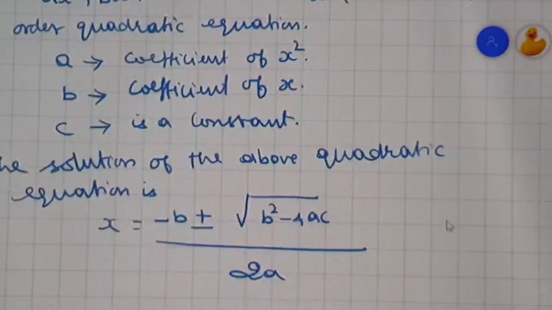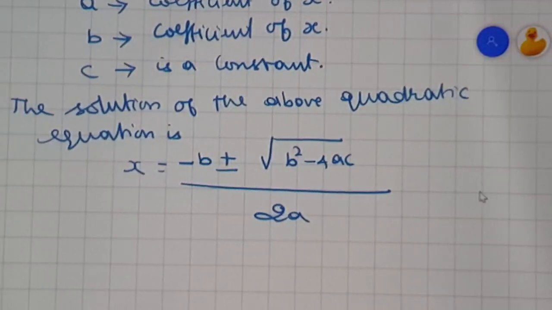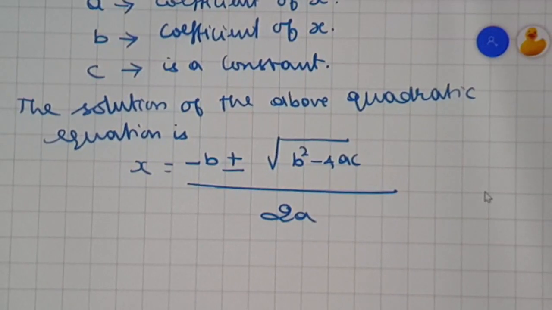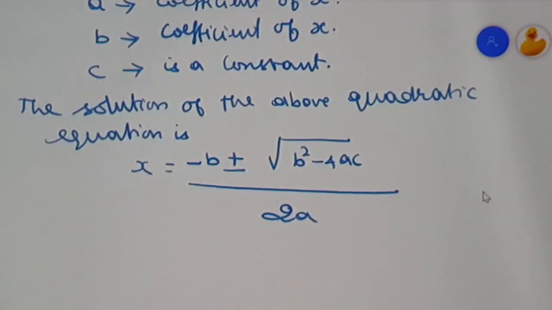You might have studied it. We can get two values. One is x equal to minus b plus root of b square minus 4ac by 2a, and another one is minus b minus root of b square minus 4ac by 2a.